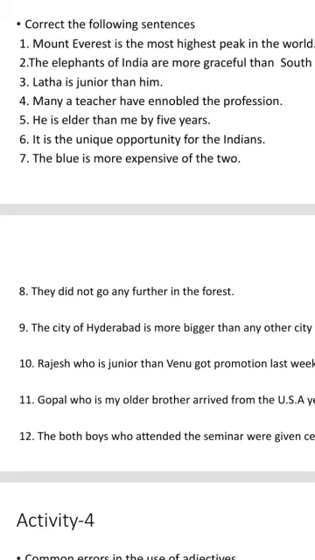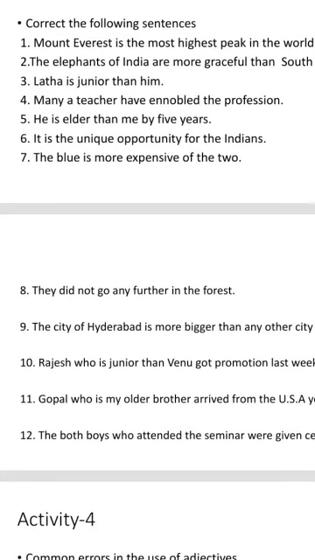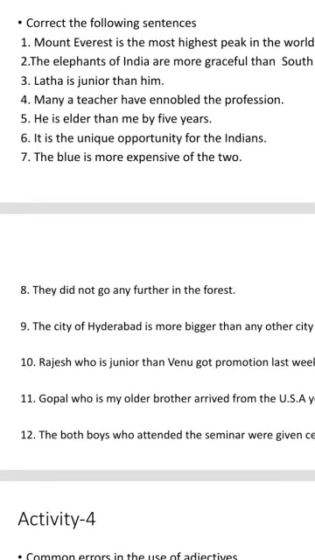Most is superlative degree and more is comparative degree. So in the place of most, we have to use more. The correct sentence is, the blue pen is more expensive of the two.